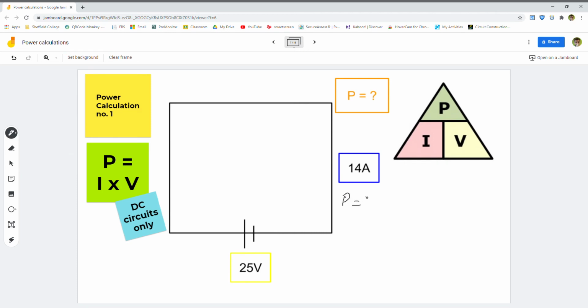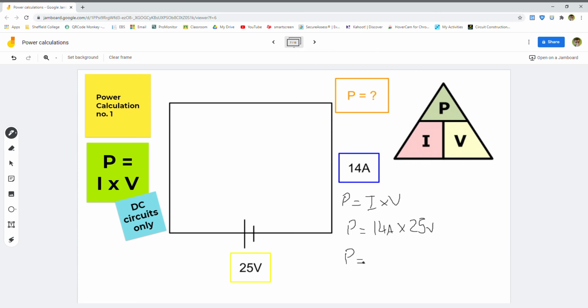P equals I times V. P equals I is our 14 amps times V, which is our 25 volts.